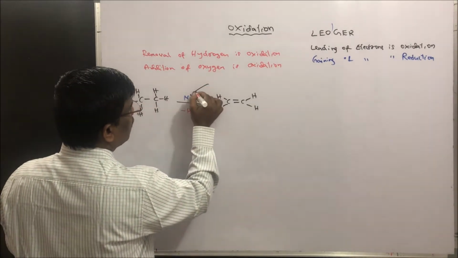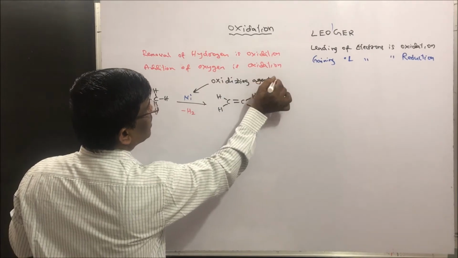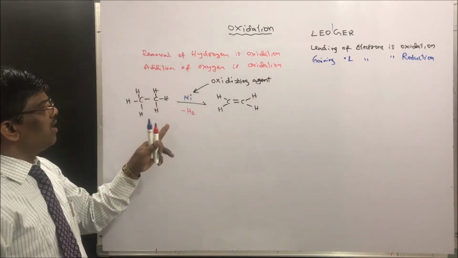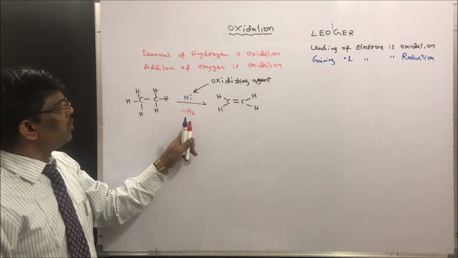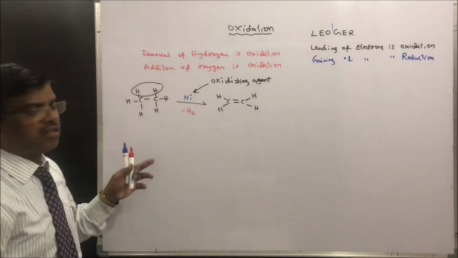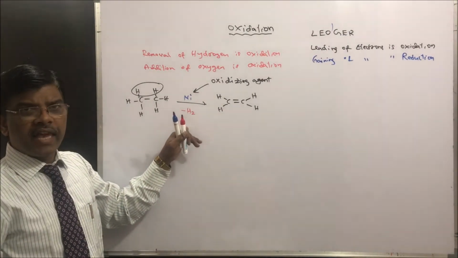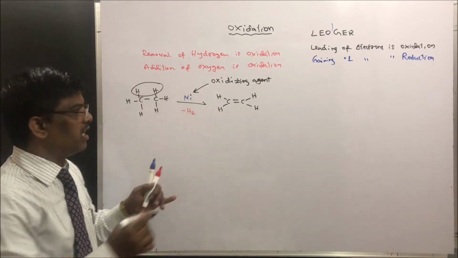This reagent is known as an oxidizing agent. What is the reaction here? As per the definition, it is removal of hydrogen. Two hydrogens are removed to give ethylene. So it is one of the examples of oxidation.